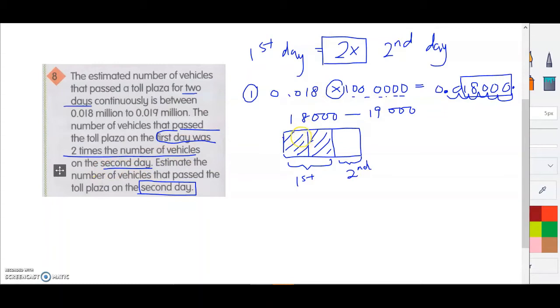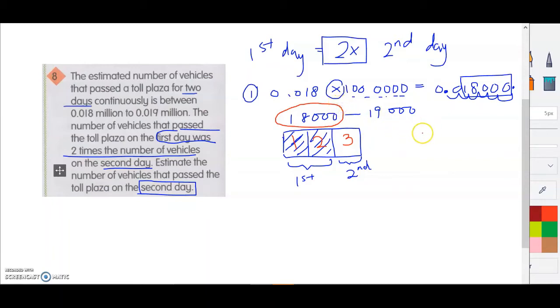First day is 2 times, 2 kali ganda. So 2 times of second day. So altogether, how many parts are there? Only 3 parts, right? 1, 2, 3. So we take 18,000 because this is just an estimation.